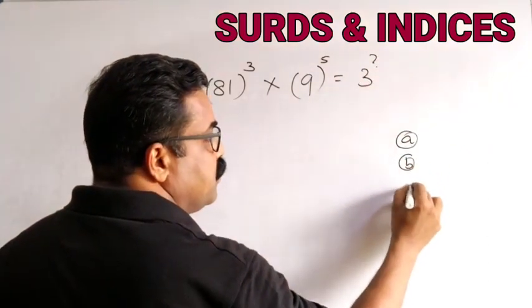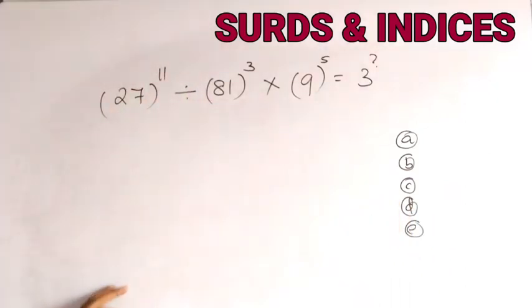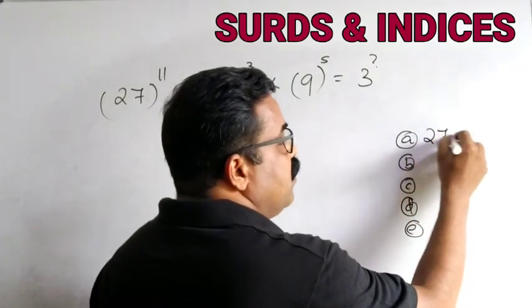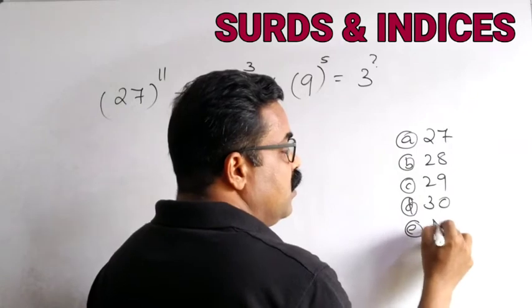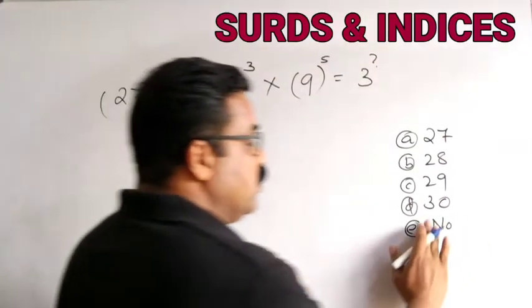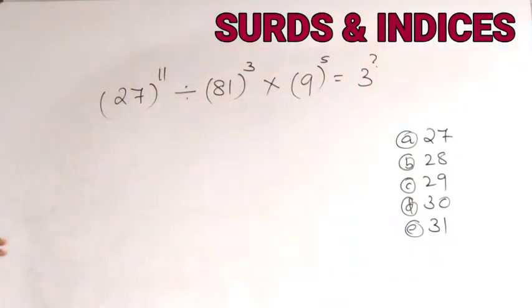Options are 27, 28, 29, 30 and 31. These all are the options given.